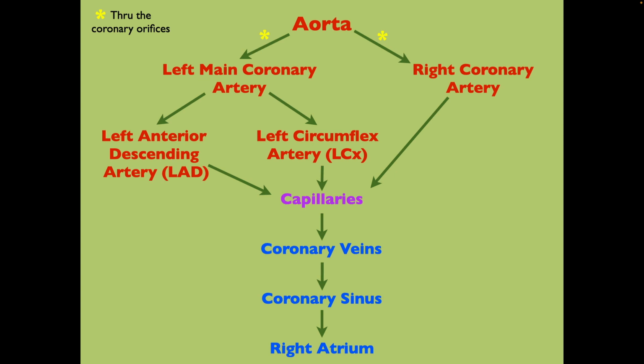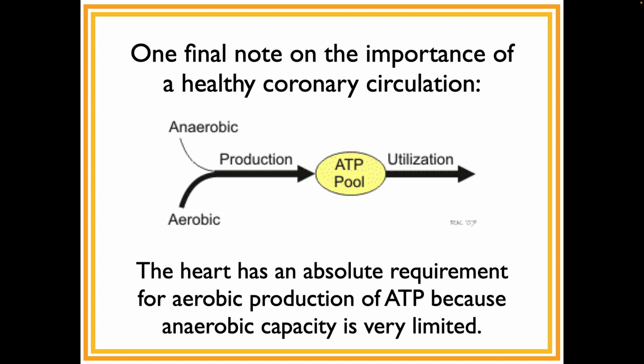Except for the next slide. One final note, and I think this is a really useful fact for paramedics to know. There are some parts of the body that can go for pretty long periods of time without oxygen. The heart cannot, and we all know about CPR.